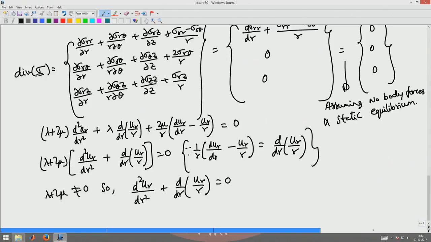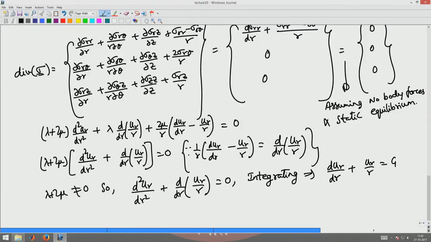Now, integrating this once I get du_r by dr plus u(r) by r equal to C1.